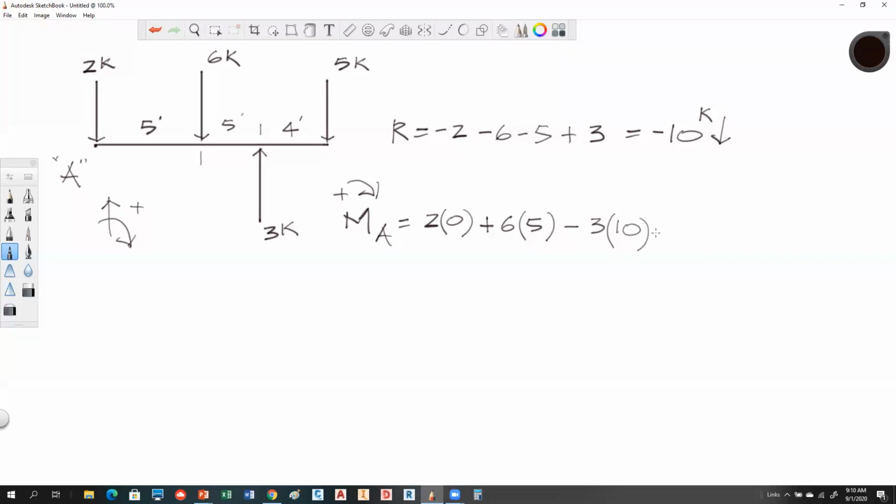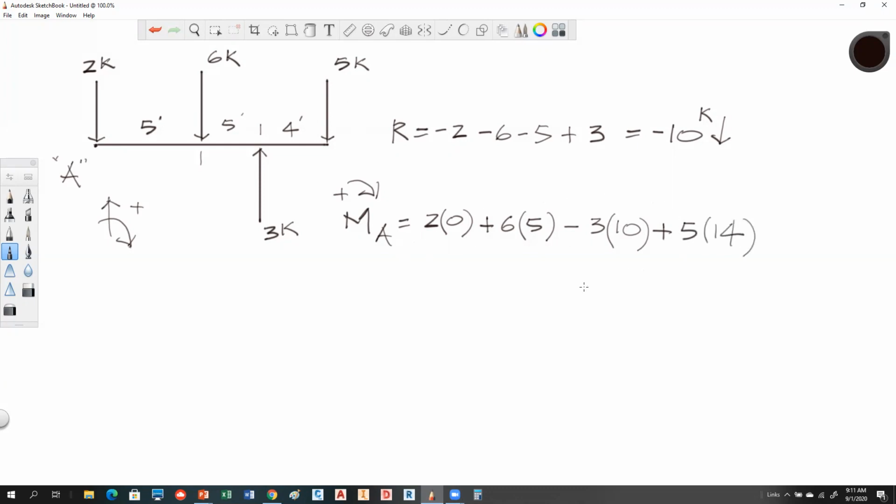Okay, so the last moment is going to be a 5 kip moment times this distance. So it's going to be 5 plus 5 plus 4, so we're 14 feet over. And that moment would tend to be positive because it's taking that beam in a clockwise direction. So the moment is going to be plus 5 times 14.